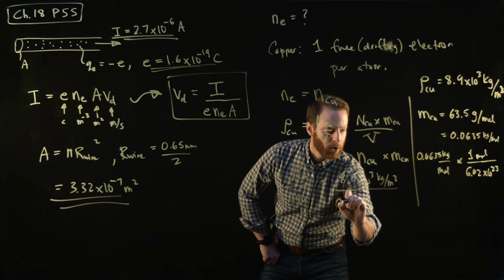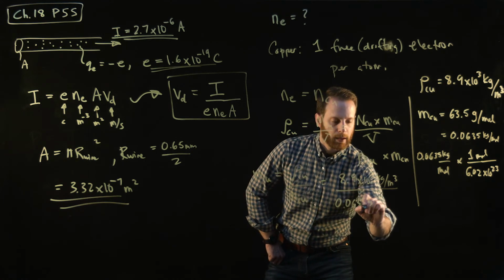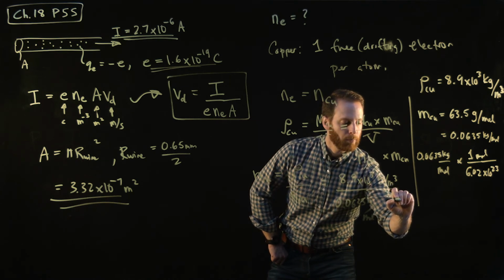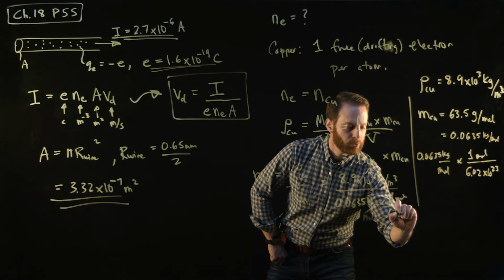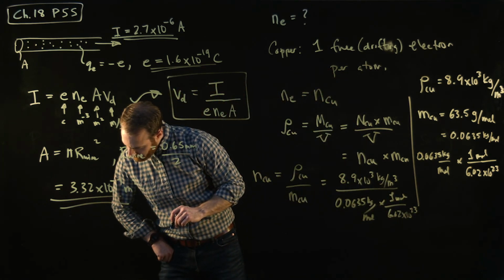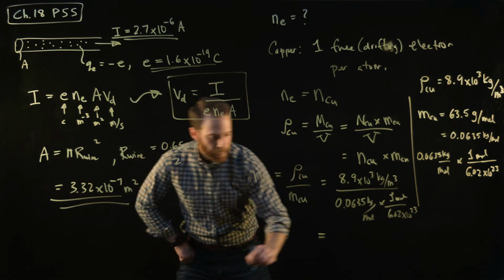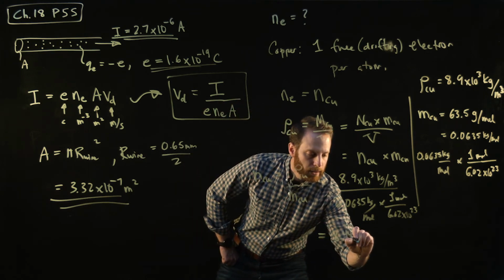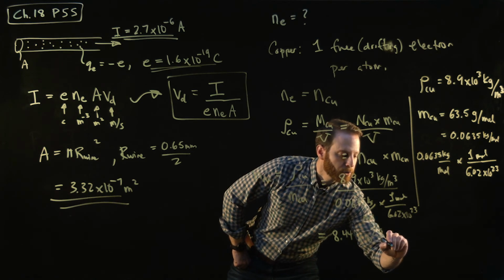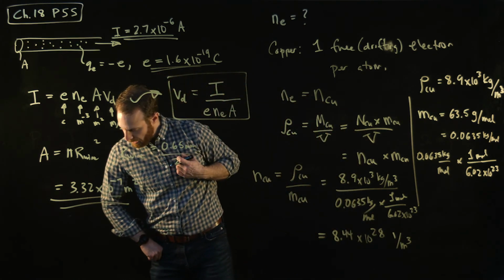In other words, 0.0635 kilograms per mole times 1 mole divided by 6.02 times 10 to the 23. When all is said and done, what you should find here is that this is approximately 8.44 times 10 to the 28 per meter cubed. In other words, I'll write this as 1 over meter cubed, or if you like, meters to the minus 3.